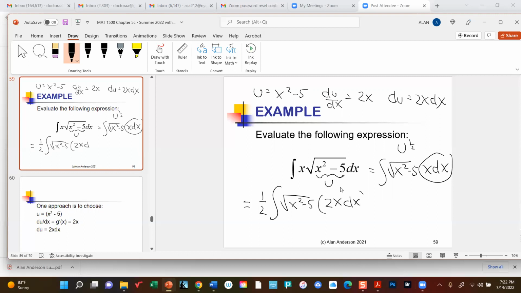Are we allowed to do this? Yes. Okay, so basically what you're doing is you're multiplying the outside of the integral by 1/2 and the inside by 2. The 2 and the 1/2, of course, cancel each other out. But what this accomplishes is that now you have u to the 1/2 du, and you're all set. You can use the power rule very easily.